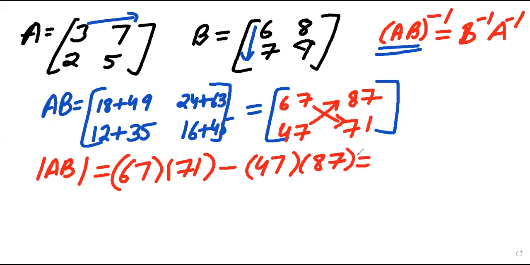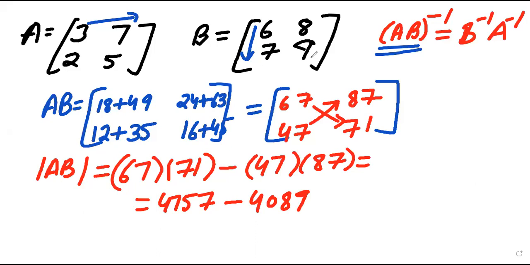Okay, now what is the answer here? It is equal to 67 multiply 71, that is equal to 4757, minus 47 into 87, that is equal to 4089. Yes Mohit.